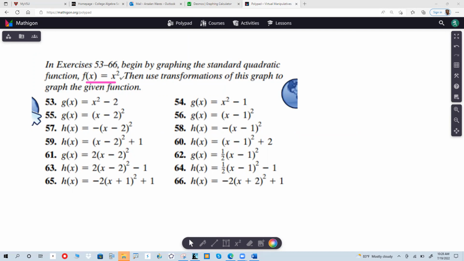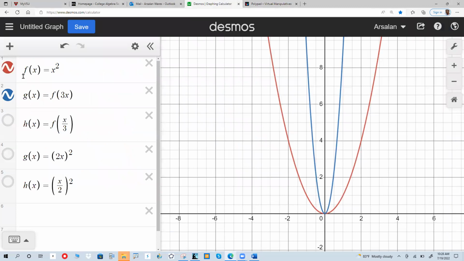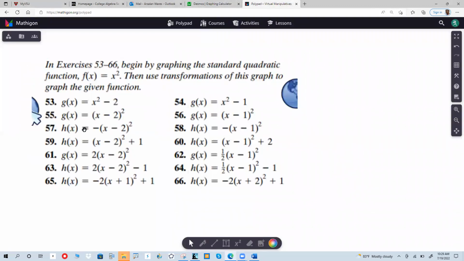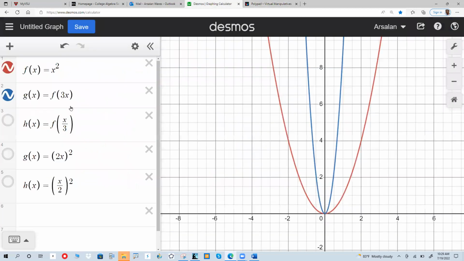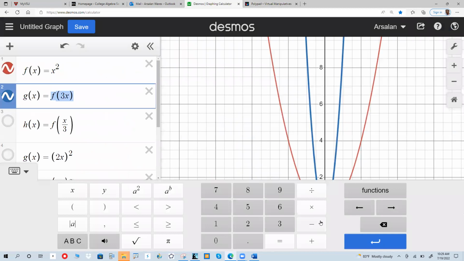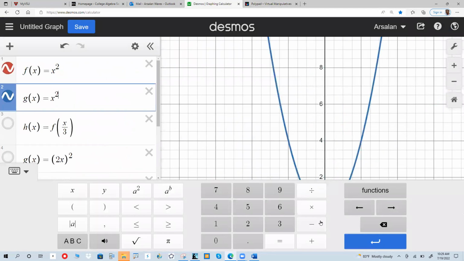So first I'm going to draw a graph. It's something we have been doing. I'm going to do some of the easy ones I didn't assign, x squared minus 2. I'm going to write x squared, the whole function, minus 2.